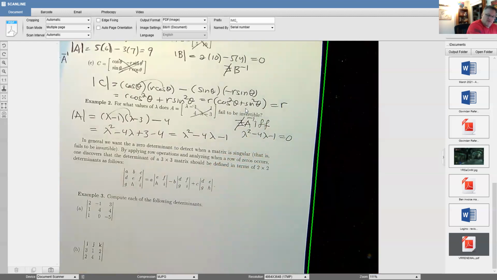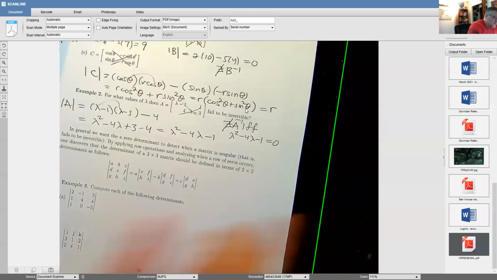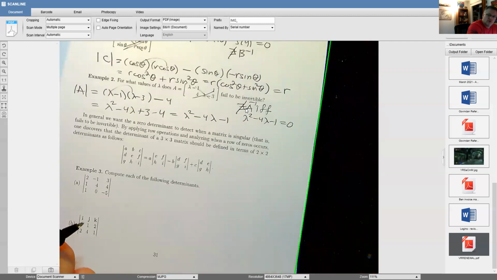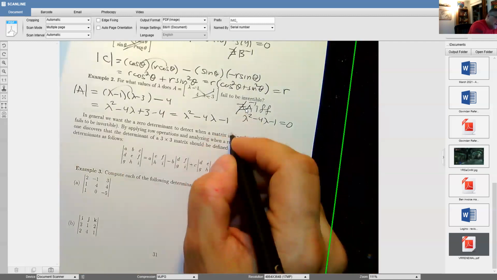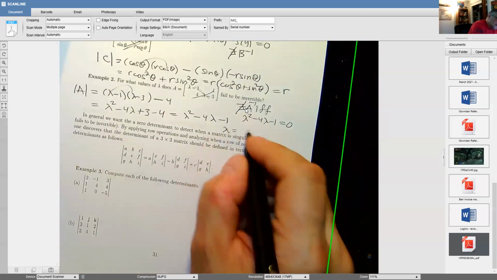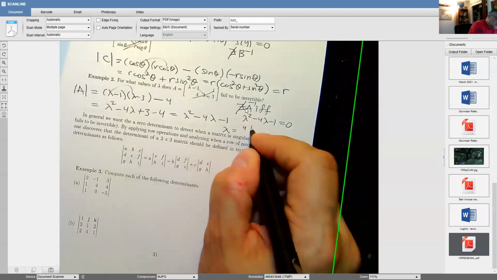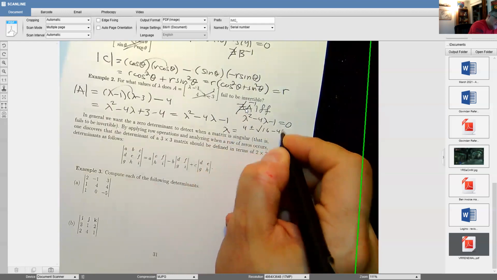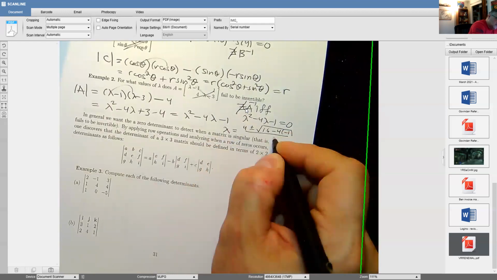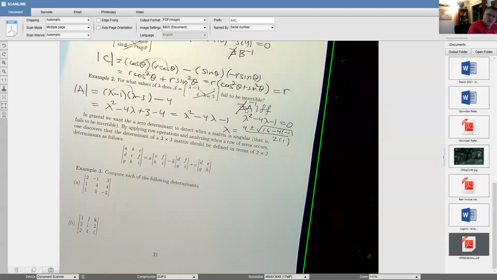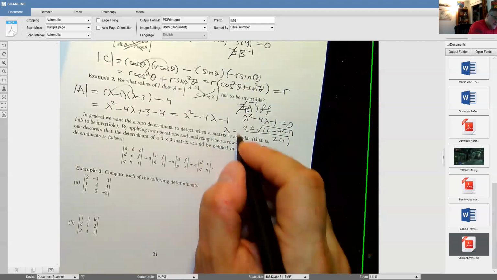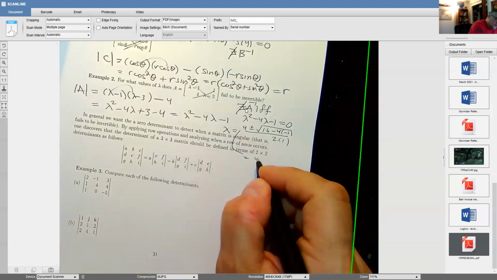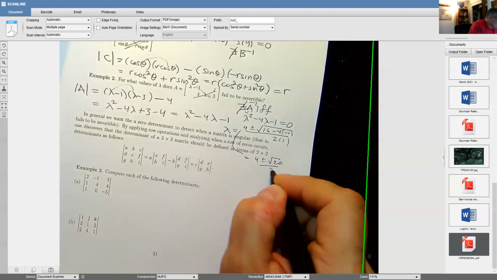And well, that doesn't factor on the left, but we do have that good old quadratic formula that we can use to find those values. And so lambda is equal to negative b plus or minus square root of b squared minus 4 times a times c, all over 2a. Okay, just using the quadratic formula. And that simplifies to 4 plus or minus root 20 over 2.